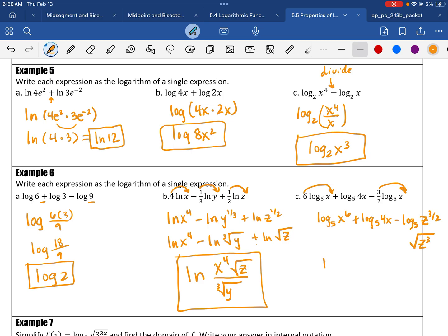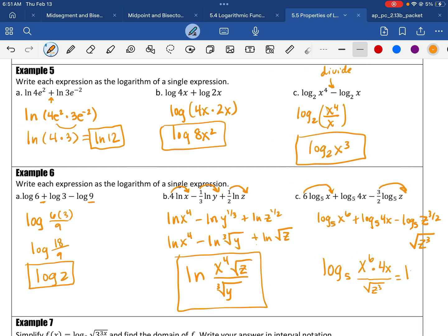So rewriting it, log base 5, x to the 6th, that's a positive log, so it stays on top. 4x, positive log, so we're going to multiply it in the top, and then square root of z cubed will go in the bottom because it's subtraction. And then the last thing is to join those on top.